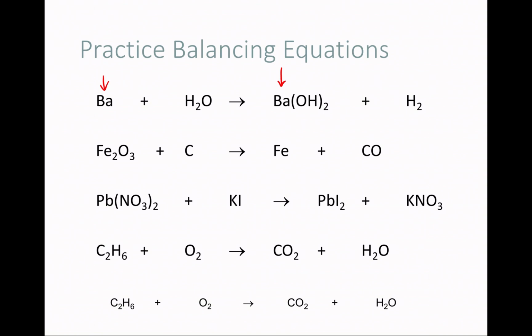When I look on this side and do an accounting of hydrogen, we've got OH twice as a polyatomic there, and we've got 2 here. So that is a total of 1, 2, 3, 4 hydrogens. I'm going to have to put a 2 there. Barium's fine. Hydrogen's a 4, 4.